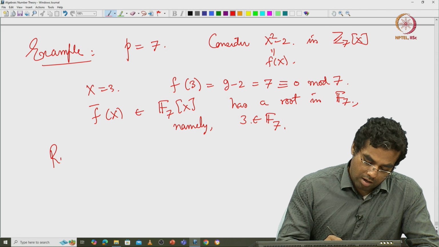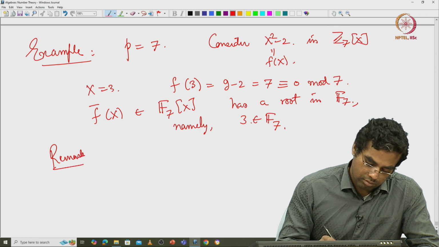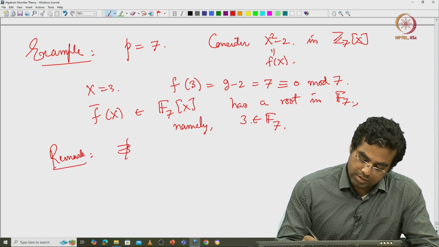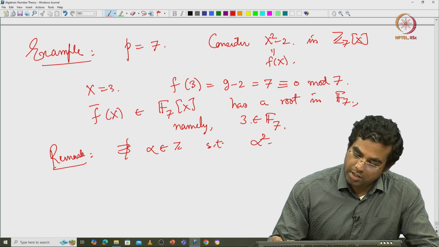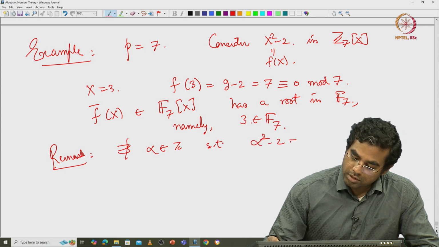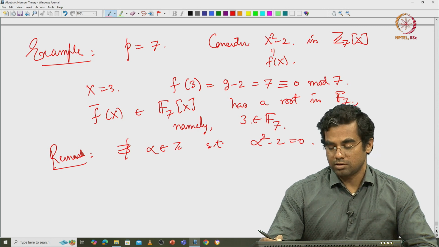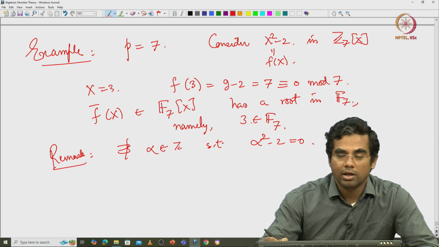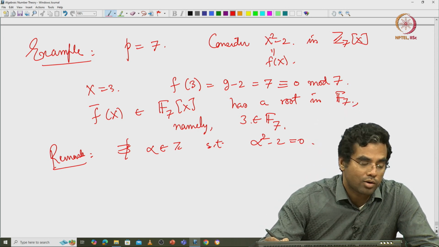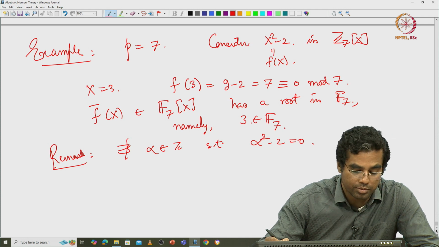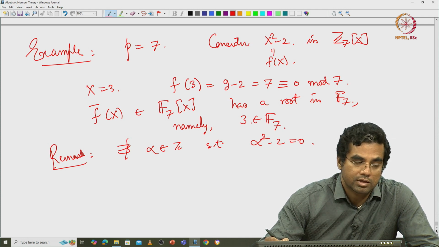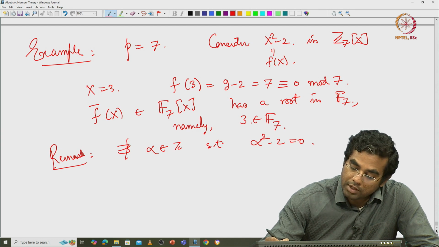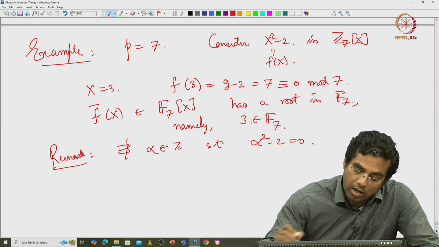Of course, remark: there does not exist alpha in Z such that alpha squared minus 2 is equal to 0. That is kind of clear. We again learned this in high school that square root of 2 is an irrational number. So, not only does it not exist in Z, it does not even exist in Q.